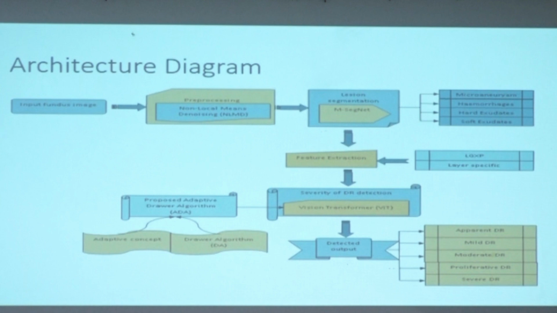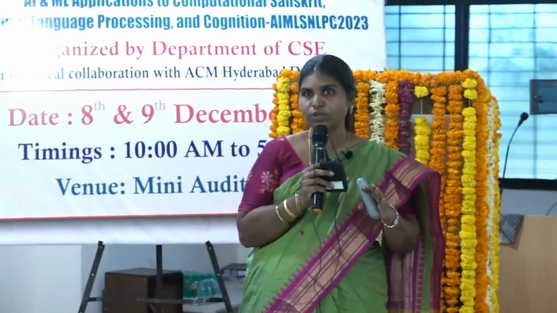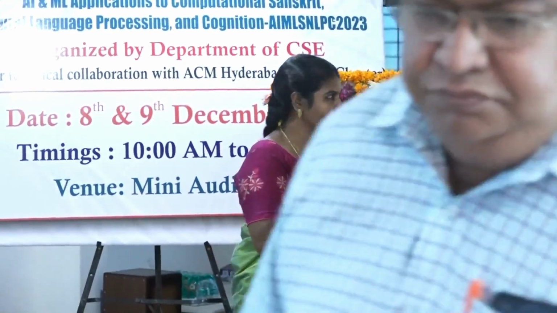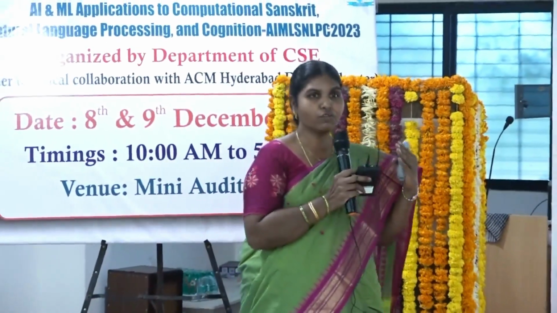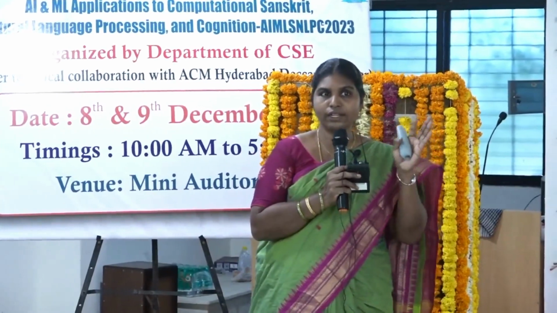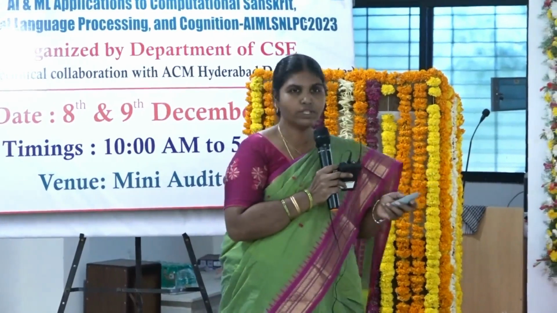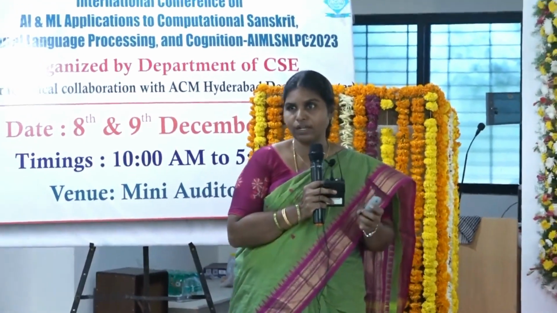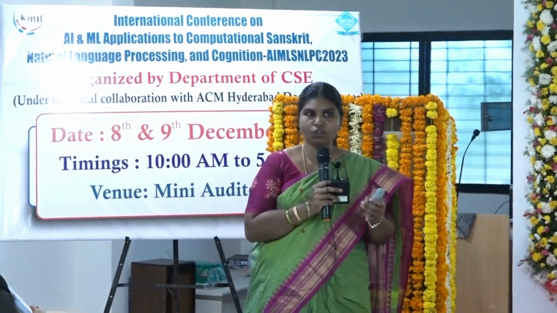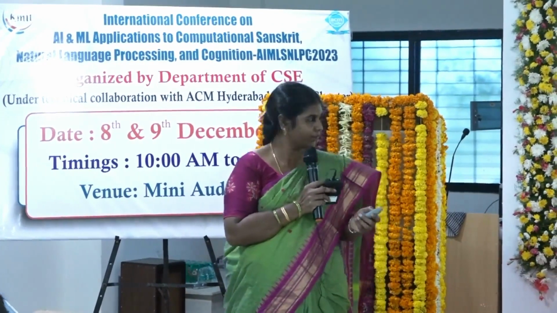From feature extraction it goes to the vision transformers. Before that, my adapter Roy algorithm generates the weights and gives those weights to the vision transformer. The vision transformer then detects whether the diabetic retinopathy is mild, moderate, severe or proliferative.